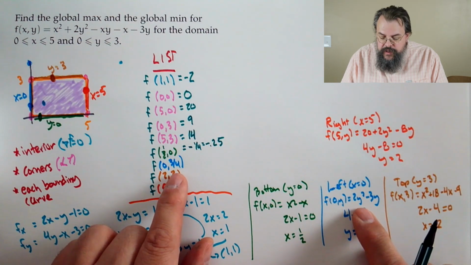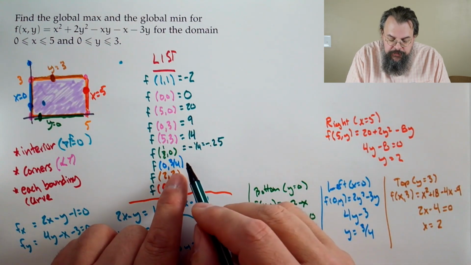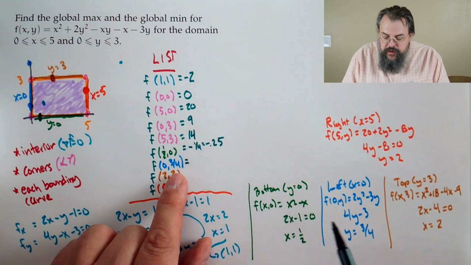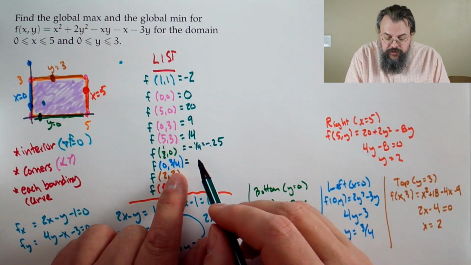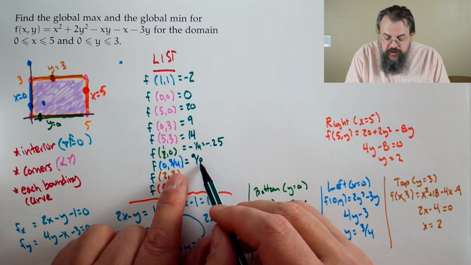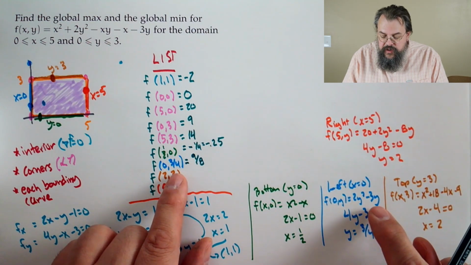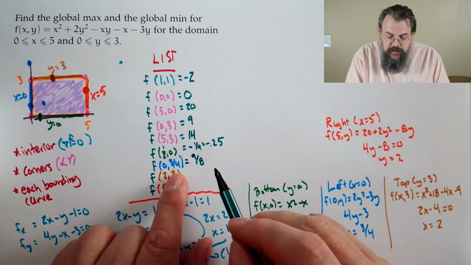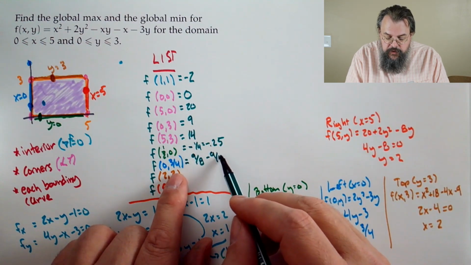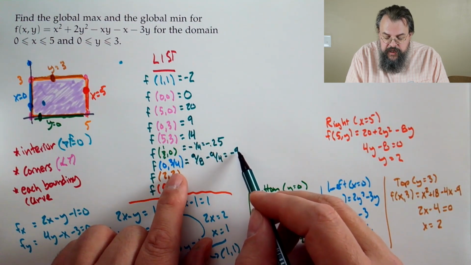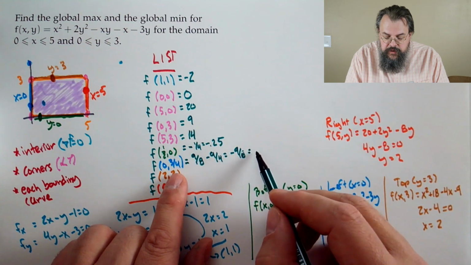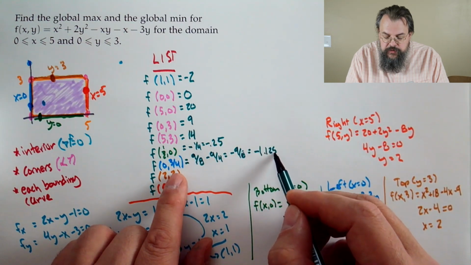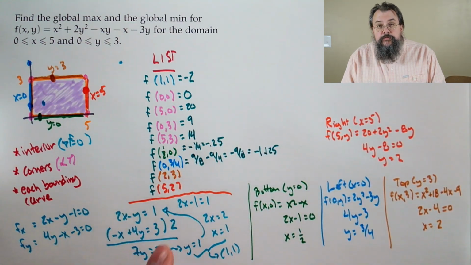We have 2 times 9/16. Well, 2 goes into 16, so this is really 9/8. Then we're going to subtract 9/4. So this is negative 9/8, which is negative 1.125.